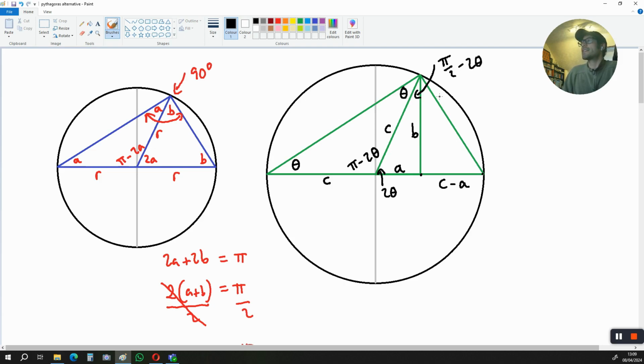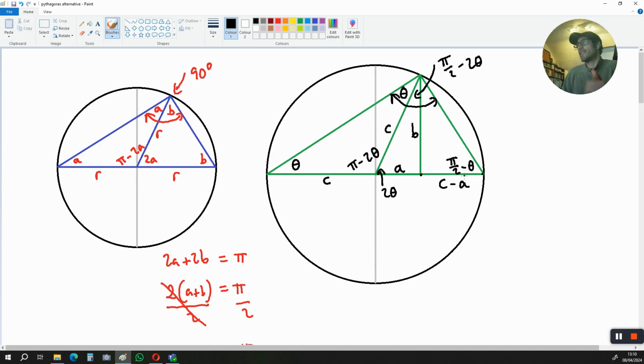Now, because this up here is 90 degrees, this angle down over here is going to be pi over 2 minus theta. That is because, once again, all of this over here is going to be 90 degrees. So that leaves 90 degrees for the larger triangle. And if this angle over here is theta, then this angle over here has to be pi over 2 minus theta.